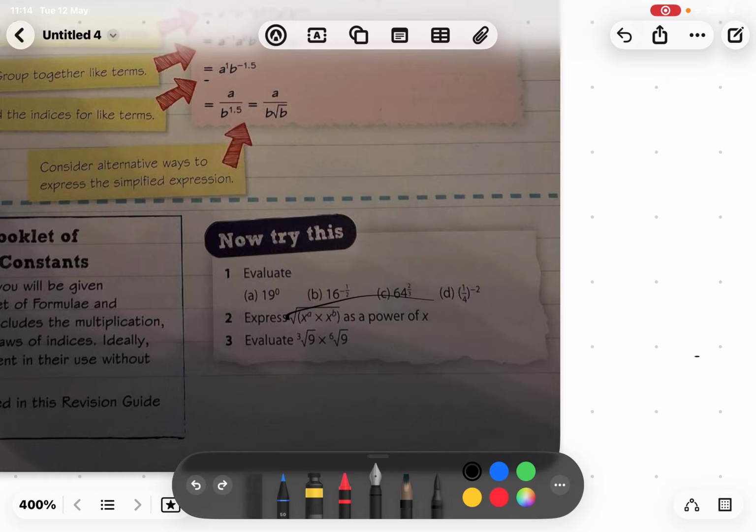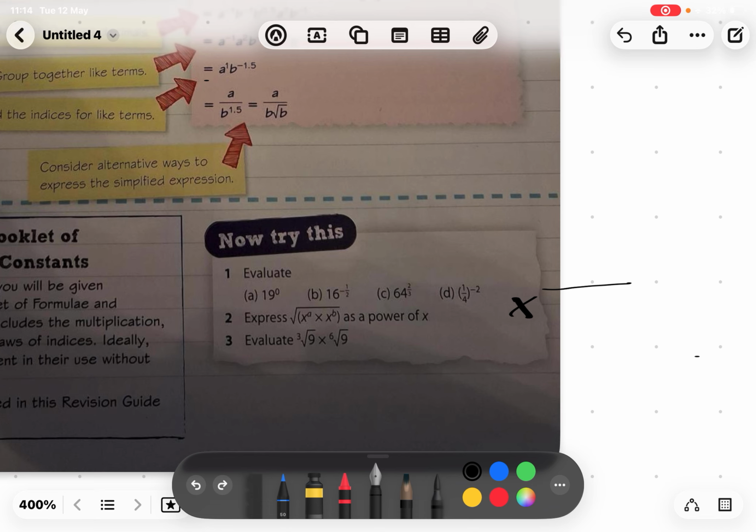After that, here, these ones. So, first of all, express as power of x. So what this says is that we have to have the x as what is the power. First of all, there's a square root, so there should be a 2.